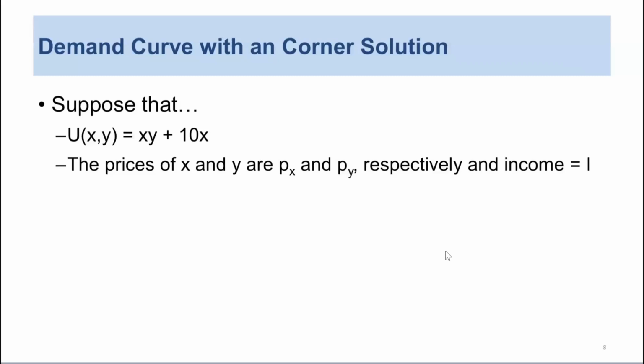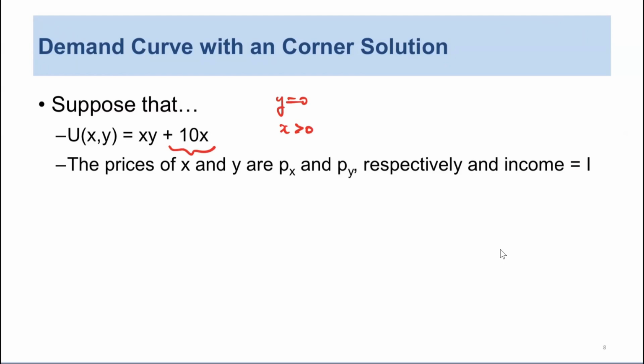Now let's consider the following situation. So in this example, we have this additional term 10x. And because of that, even though y equal to 0, as long as x is positive, we can guarantee a positive utility.